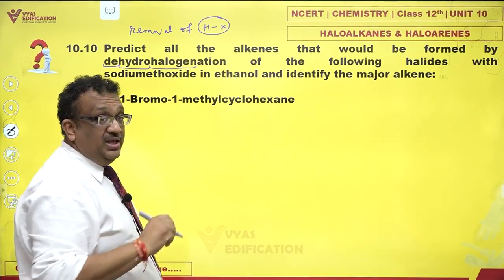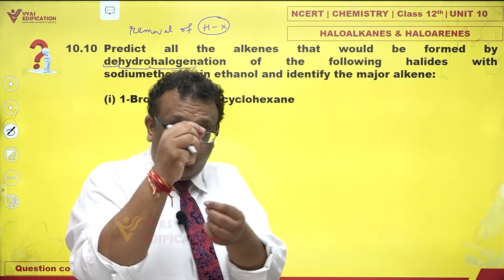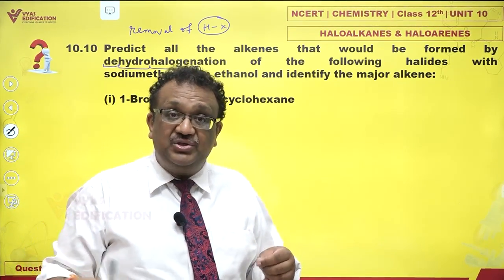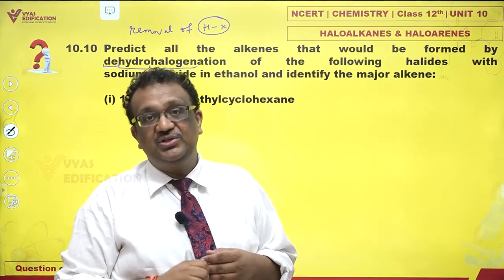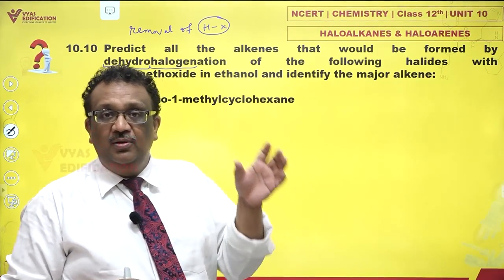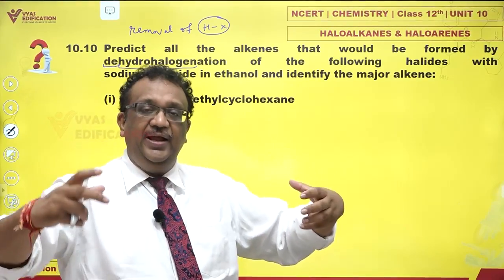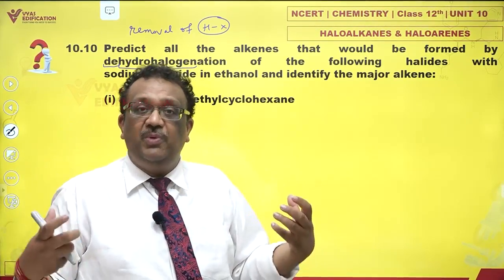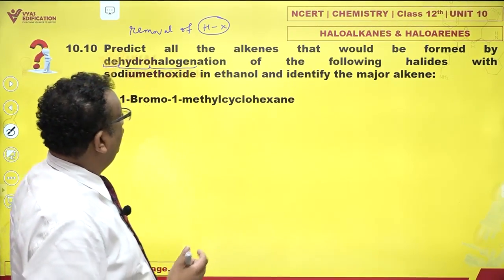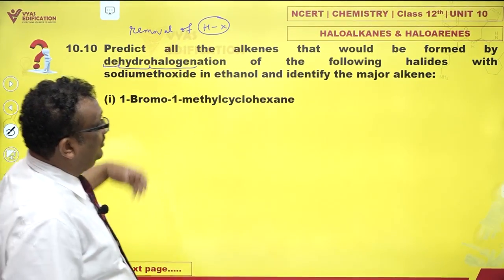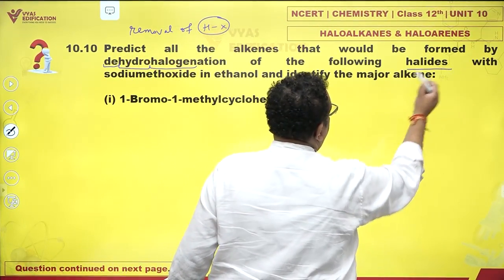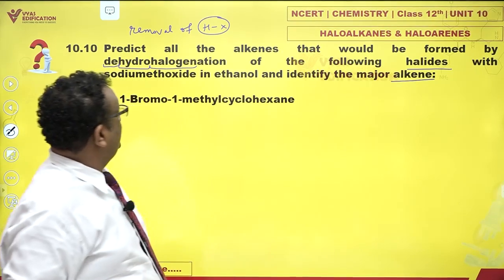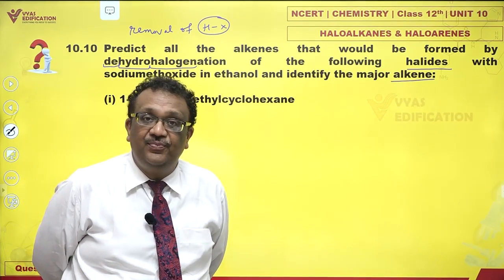Please note in this case, H is attached to one carbon and X is attached to the adjacent carbon. So, removing H plus and X minus together from an alkyl halide to produce the alkene, this is called dehydrohalogenation.